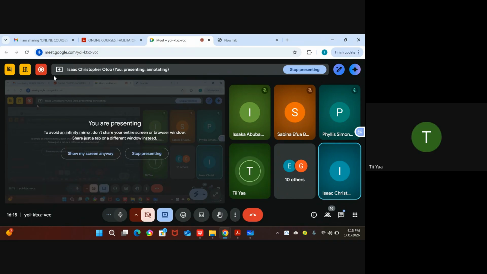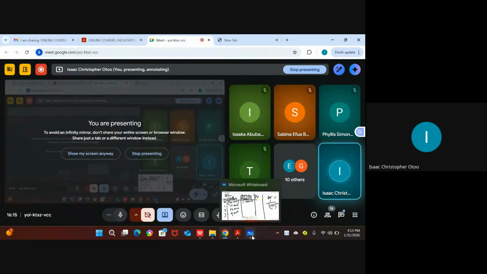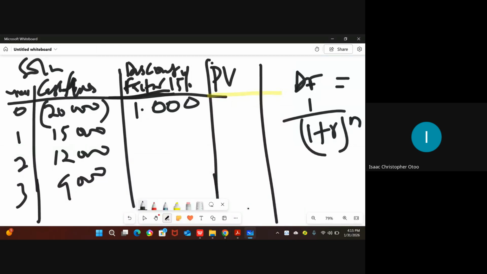Yes, sir. So continue with the rest. So give me the figure for year 1. So now N will change to 1. And what is the answer for that?